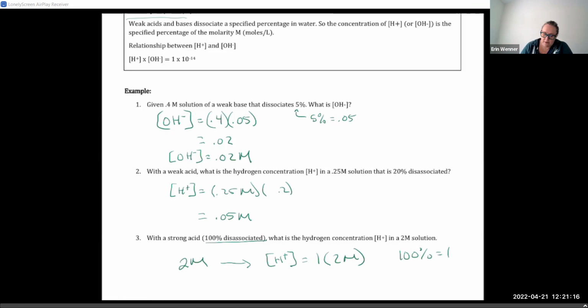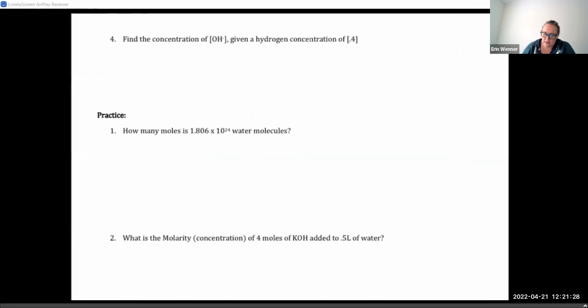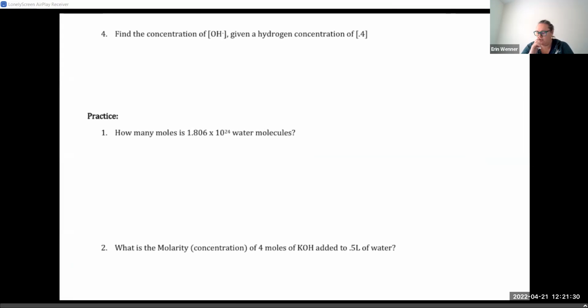So the next problem we're going to use is this fact right here. I just want to point that out before I go to the next page. It says find the concentration of OH negative given a hydrogen concentration of 0.4. So the hydrogen concentration means that we have H+ equal to 0.4.